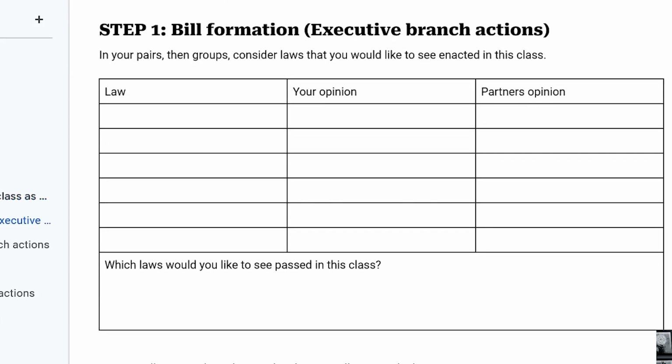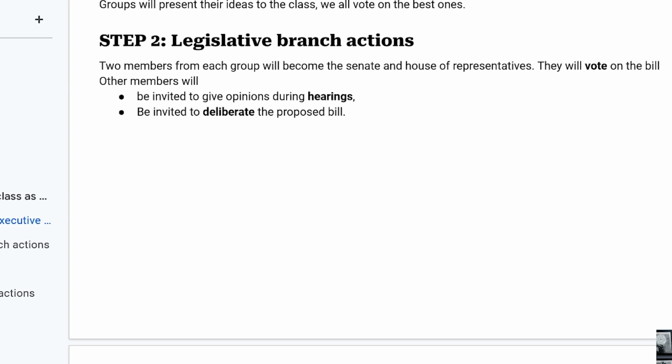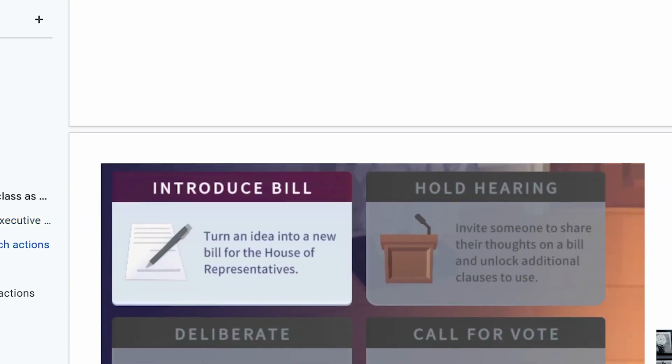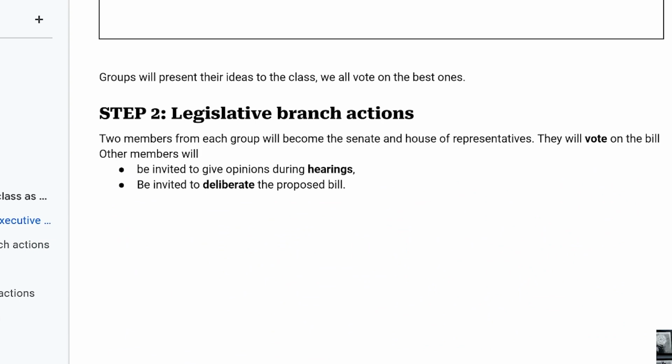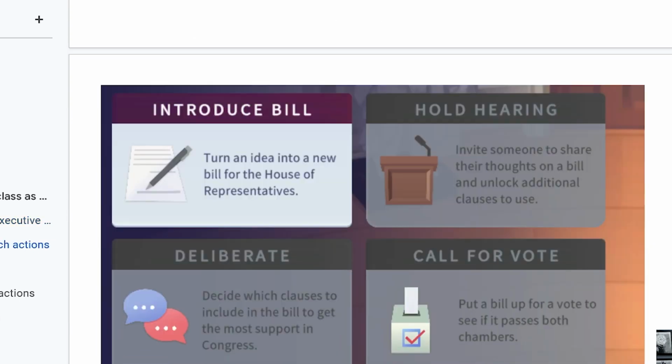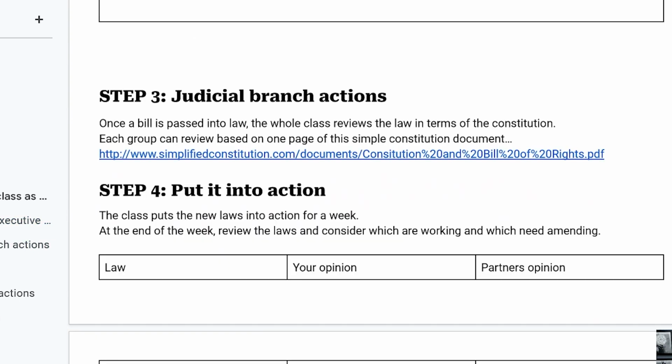And then there are four or five steps here. Step number one: think about the bills, like what laws would you like? What is your opinion? What's your partner's opinion? And then basically come up with some ideas for laws. Two members from each group will actually be voting on the bills, and other students will be doing hearings so they can talk about it. This was quite a tricky part that I'm not sure how we could do, because how can the students think about the laws that they passed in terms of the Constitution?